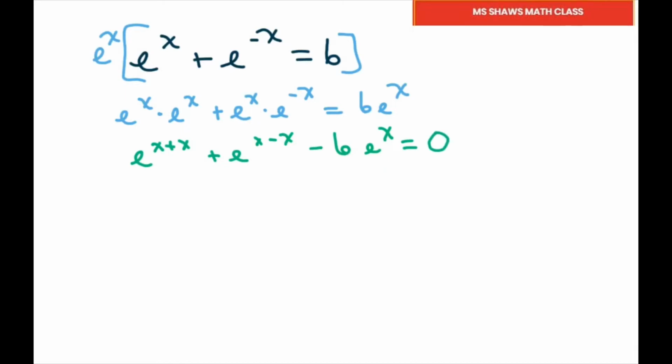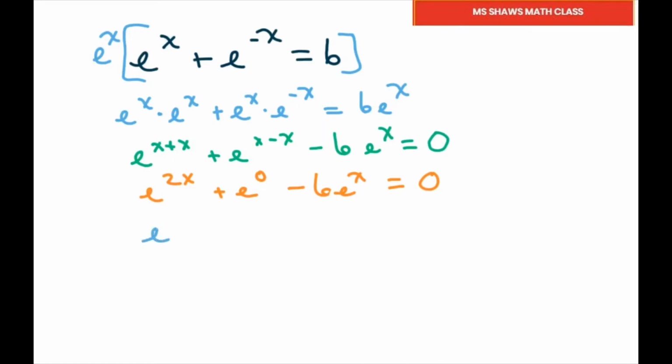All right, now clean it up one more time. So this is e to the 2x plus e to the 0 minus 6e to the x equals 0. All right, now clean it up further.